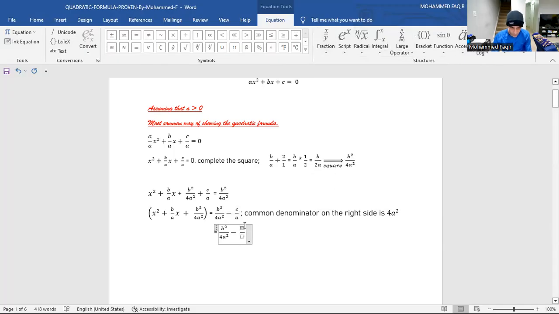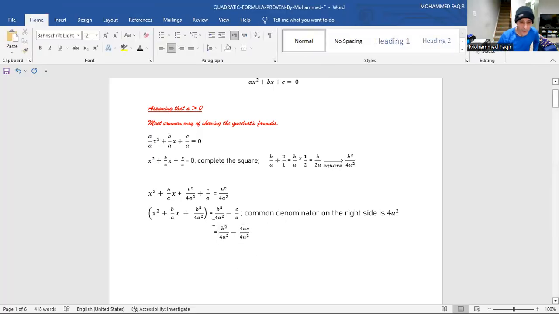If I multiply 4a by c, we're gonna have 4ac on top, and the bottom would be the same as the other one, which is 4a squared. So that's the same common denominator.